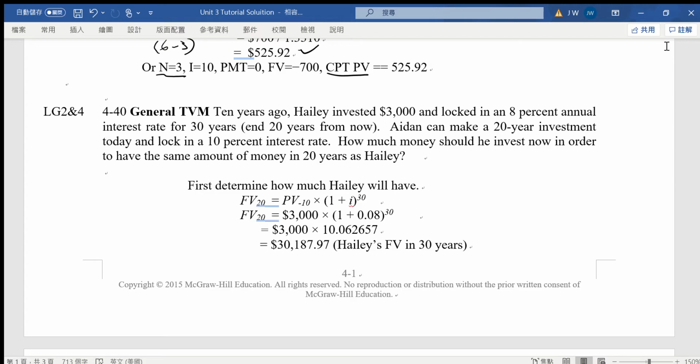That's why we need to work out what will be the amount that Haley will receive in year 30. First of all, we will work out the amount that Haley will receive 20 years later. In total that will be 30 years, because she had already invested 10 years already.